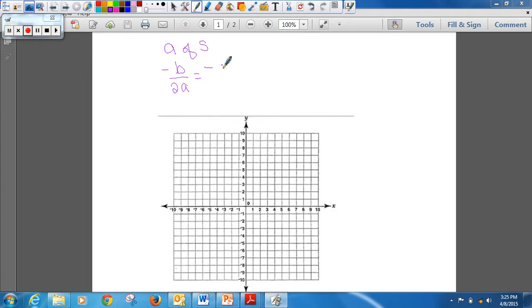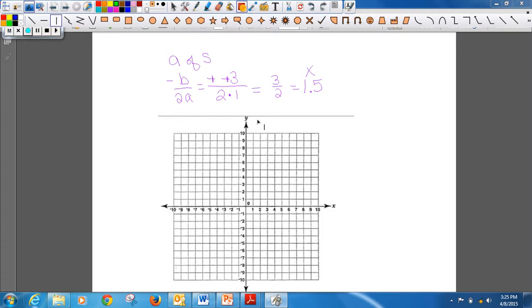So I have negative 3 because b is also a negative. And then divided by 2 times a, and a is 1. A double negative makes a positive, so I have 3 divided by 2, which gives you 1.5. So my axis of symmetry is at the line of 1.5.